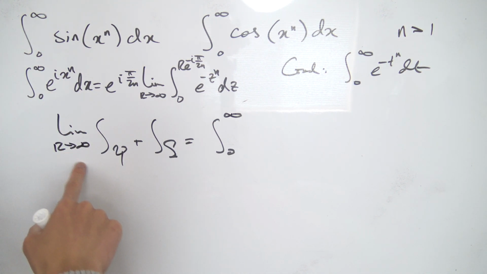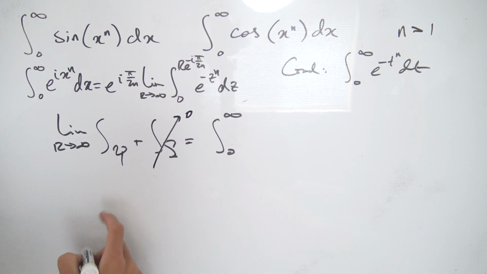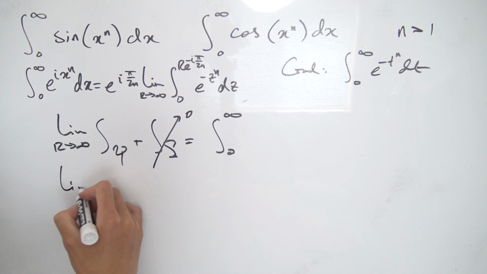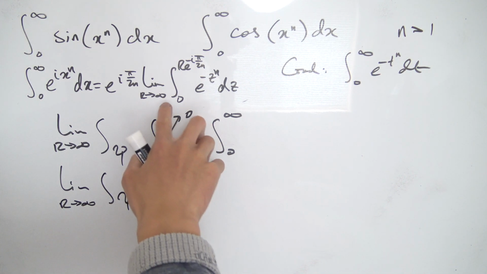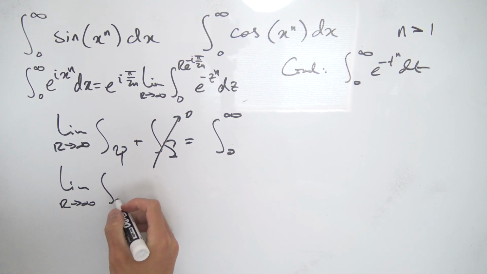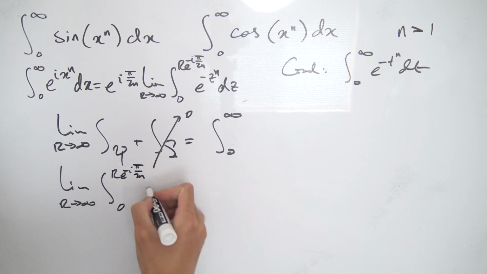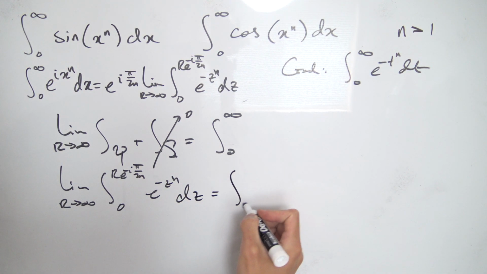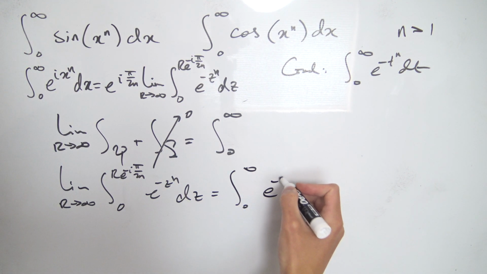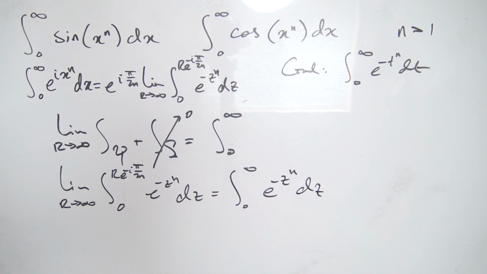Well, in the limit as r approaches infinity, we know this integral vanishes to 0, which means that the limit as r approaches infinity of the integral over psi, which is exactly the integral that we had that went from 0 to r of e to the minus i pi over 2n of e to the minus z to the n dz, is equal to the integral from 0 to infinity of e to the minus z to the n dz, which is our goal integral.